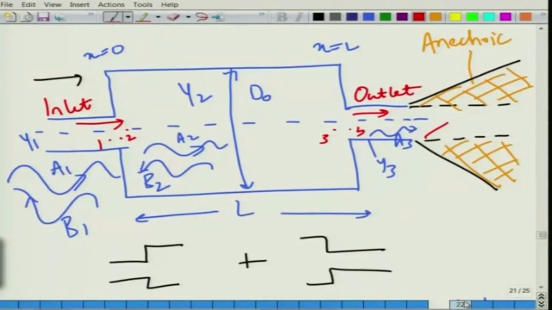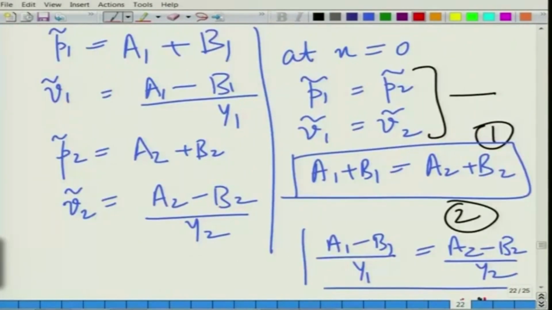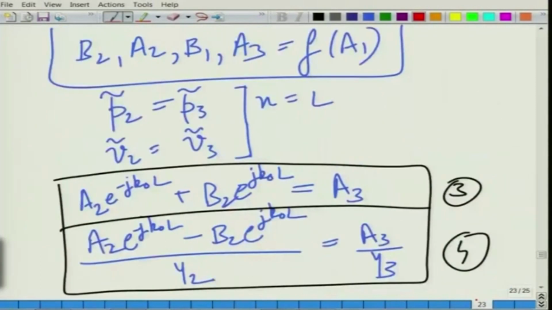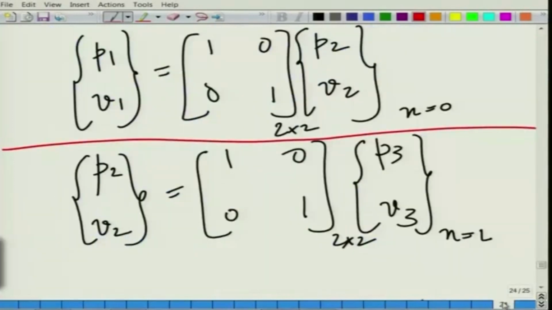So, what we will probably do is use this set of equations as well as this set of equations, and from that we will eliminate A2 and B2 to relate things at section 2 to section 3, and then we can just simply multiply the matrices. So, let us do that.